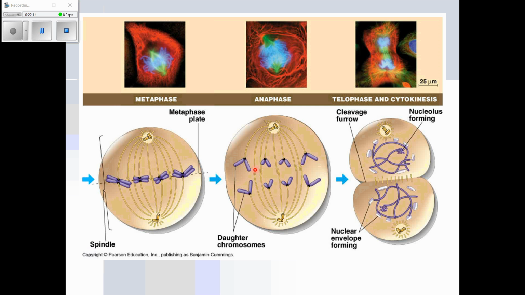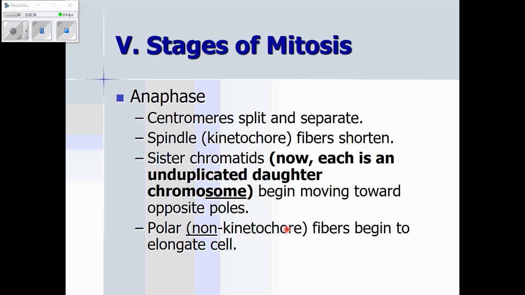Instead of pulling, they push against each other. So it's kind of the opposite of a tug of war. And they're called non-kinetochore microtubules. These are the spindle fibers that do not connect with chromosomes. Their job is to push against each other and make the cell elongate.